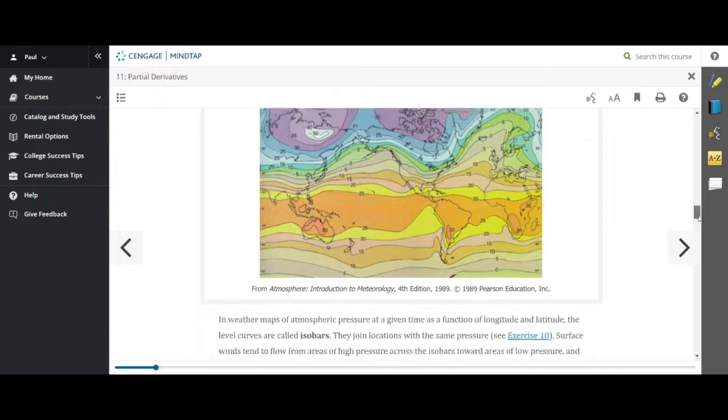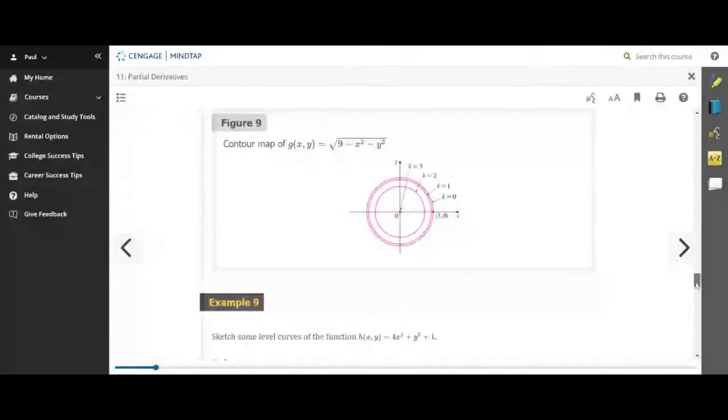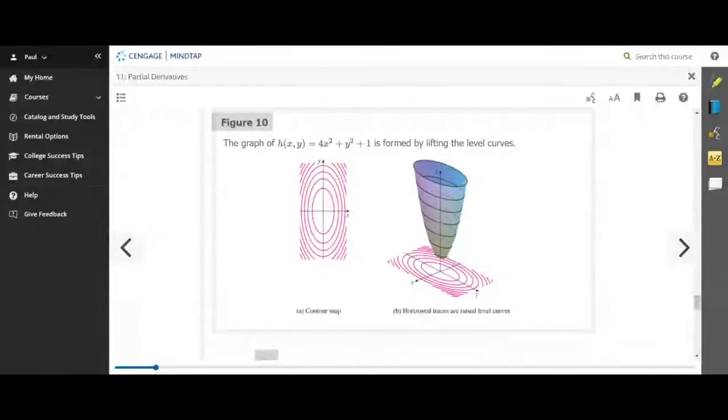It's used interchangeably. Here in Figure 10 is a graph of a paraboloid that's 1 unit lifted up from the origin. If you look at the level curves and plot them as a contour plot, you can visualize this surface. As you move away from the origin, the surface is getting steeper because the level curves are closer together.